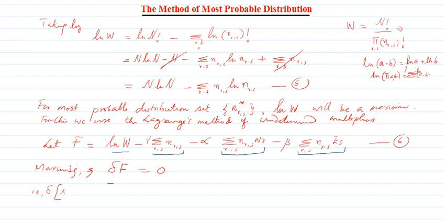So that is n log n minus sum over r comma s nrs log nrs, that is for log w I have substituted from equation number 5, minus gamma into sum over rs nrs, minus alpha into sum over rs nrs into nr, minus beta into sum over rs nrs into es. So that should be equal to 0.